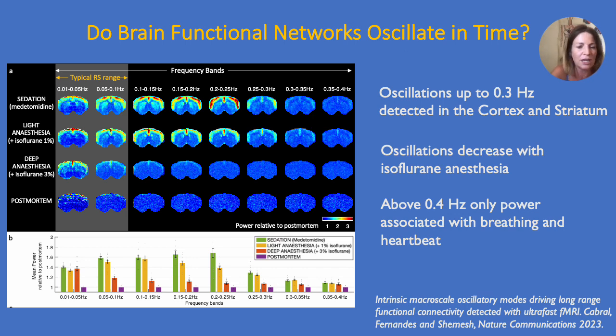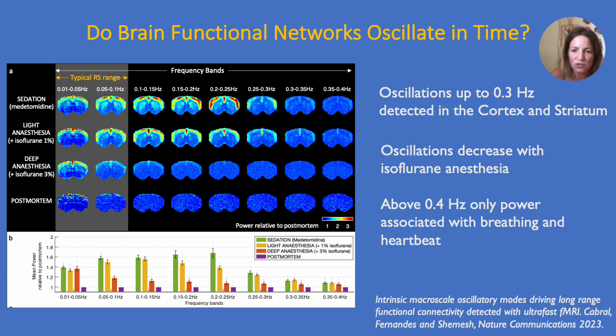In each voxel, we calculate the power spectrum, and we see which voxels have power in which frequency range. So we divided here in bins of 0.5 hertz, and we find that there are oscillations peaking in the cortex up to 0.3 hertz, and also found in the striatum, although at slightly slower frequencies.